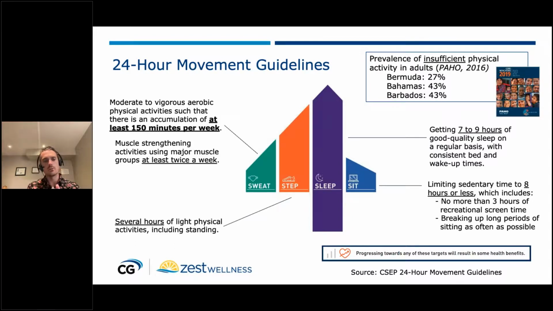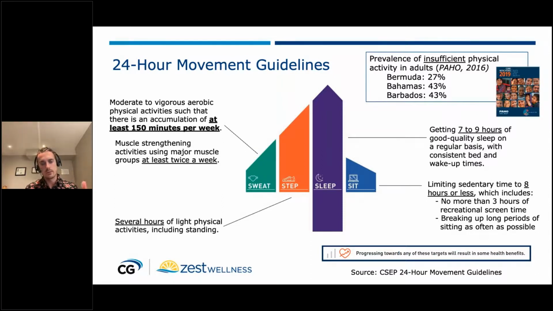And so that's what the 24-hour movement guidelines are all about, which is created by the Canadian Society for Exercise Physiology.